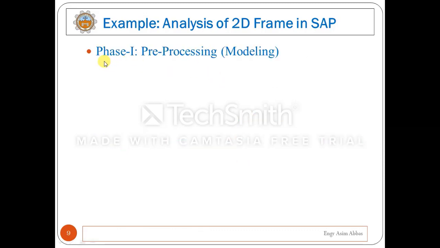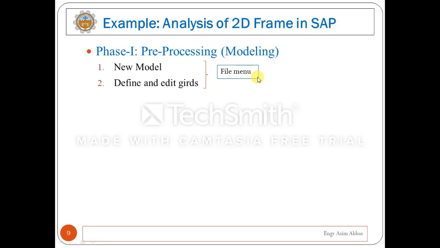Okay, phase 1 involves the following steps. First of all, you will create a new model and then define and edit grid lines. And these two steps are accessed from the file menu, right?